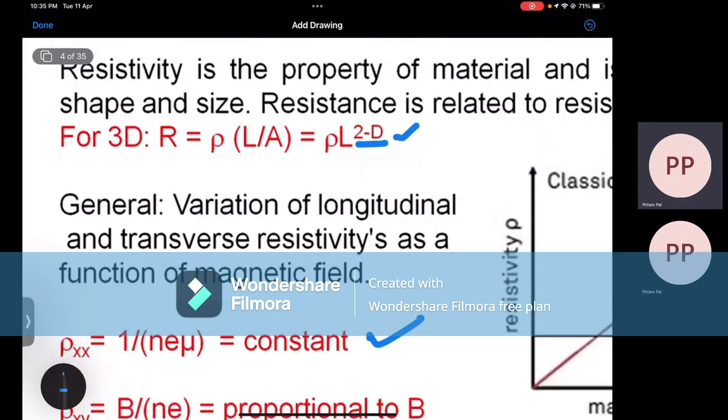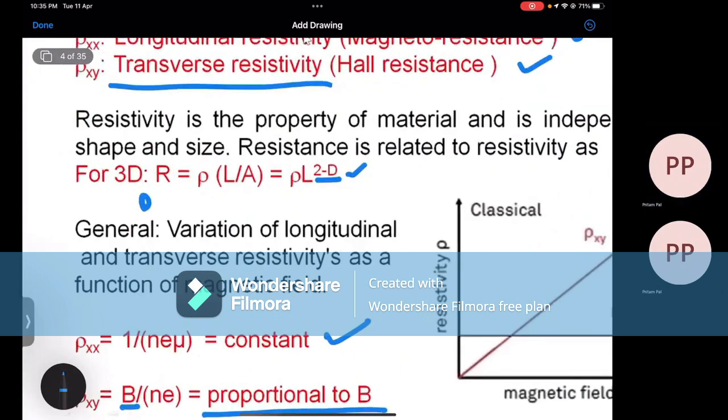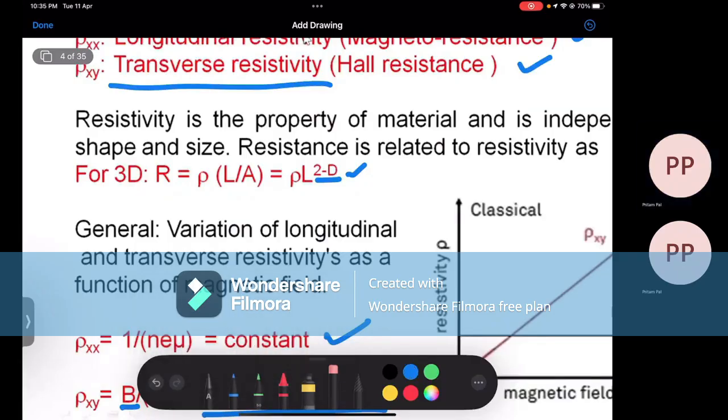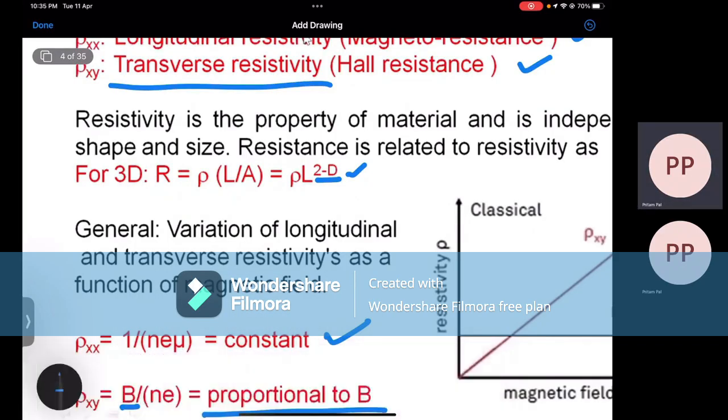For 3D, what is happening? For 3D, d equals 3, right?